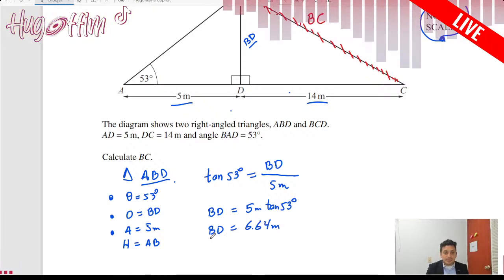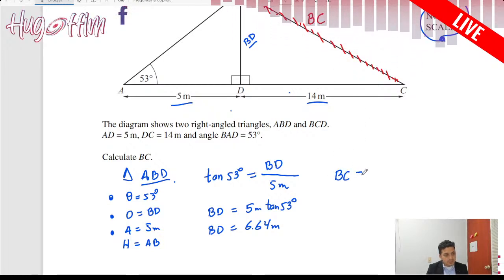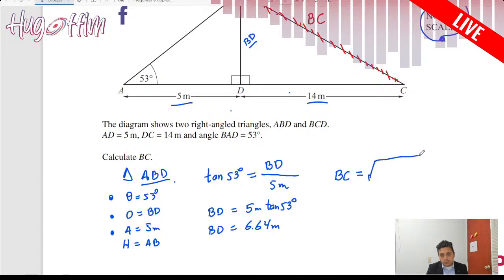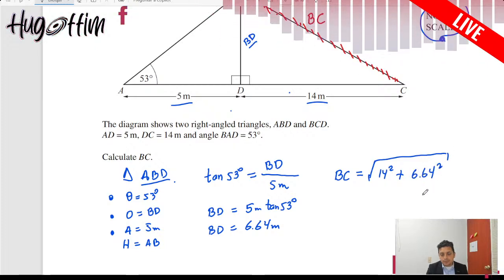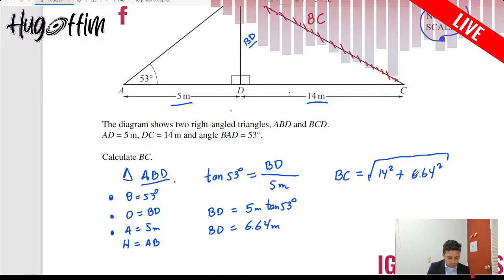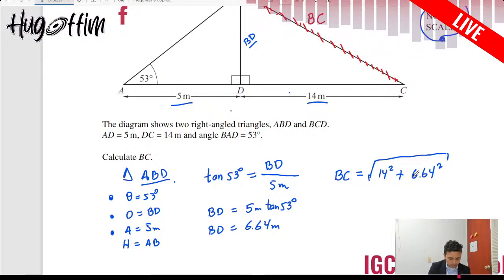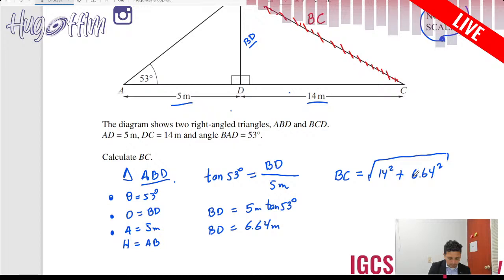That will be BD. Now, I already have BD. I can use the Pythagoras theorem to calculate BC. So BC is going to be the square root of 14 to the second power plus 6.64 squared. I'm just going to use 6.64 to the second power plus 14 to the second power and take the square root of this answer.